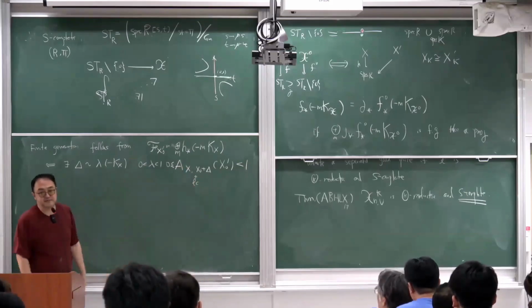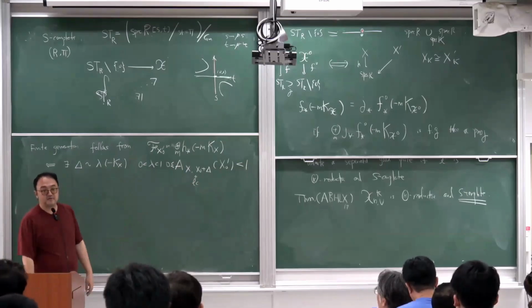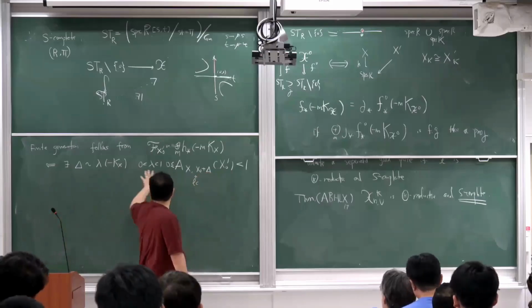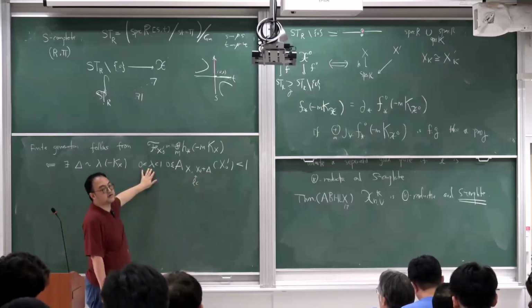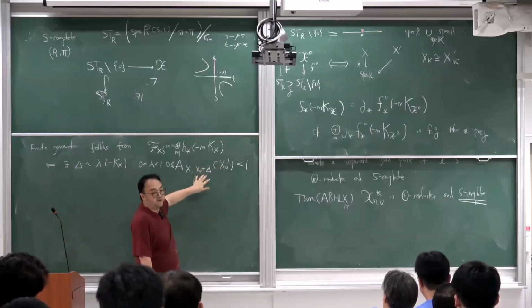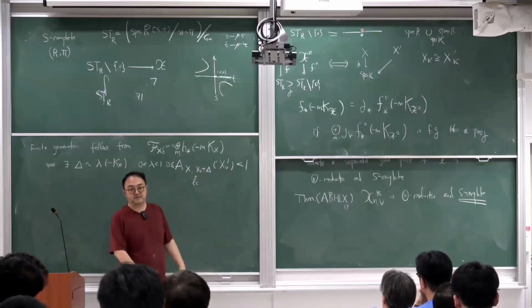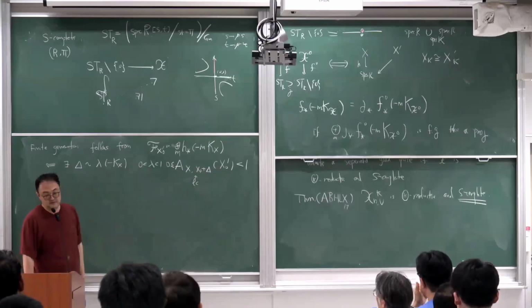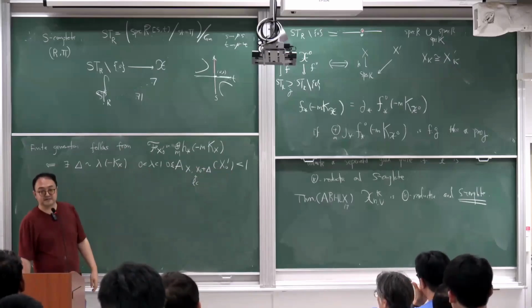Then you apply PCHN. This lambda actually can be chosen arbitrarily close to 1. So it's something like an LC place of some complement, but you wiggle the coefficient a little bit. So this gives you the finite generation.